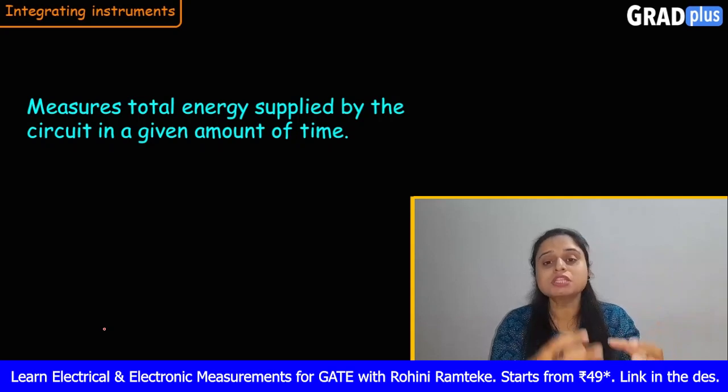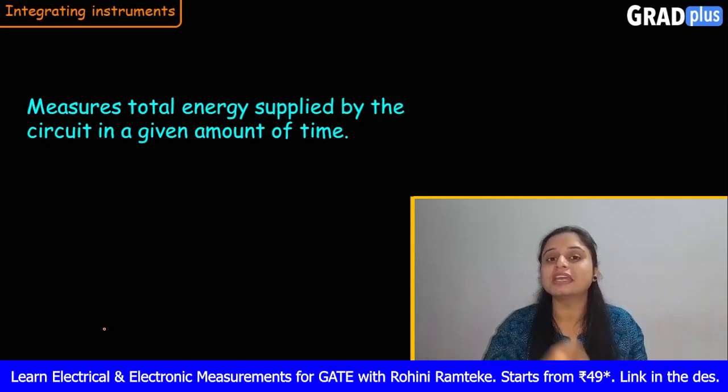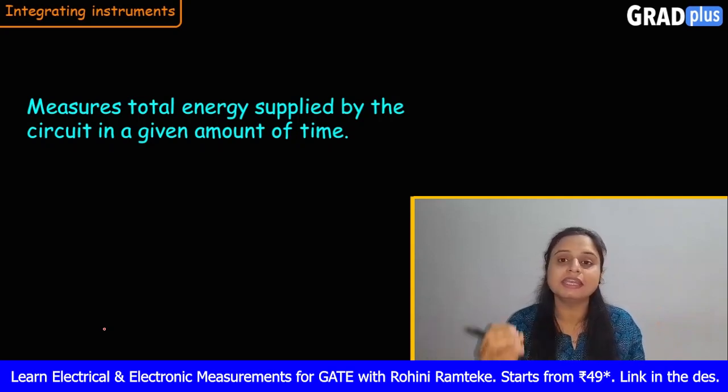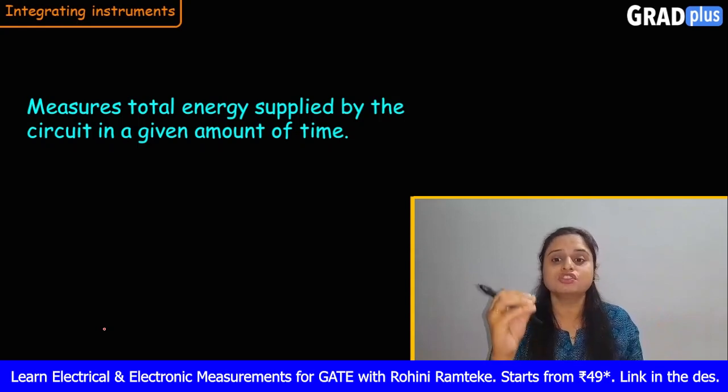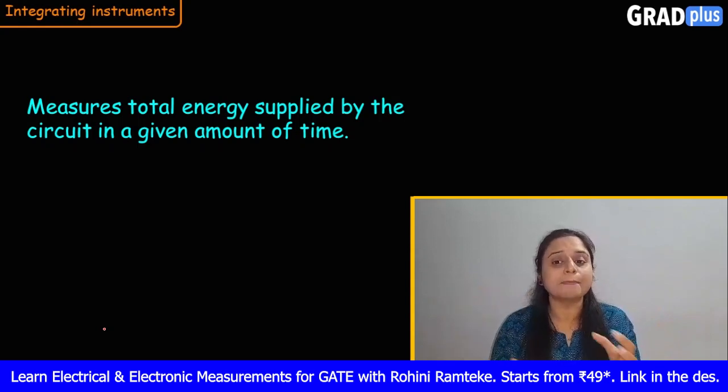Those meters fall under the integrating type instruments. It will measure the total energy supplied by the circuit in a given amount of time. Any meter that integrates the quantities for a given amount of time comes under the integrating type instrument.